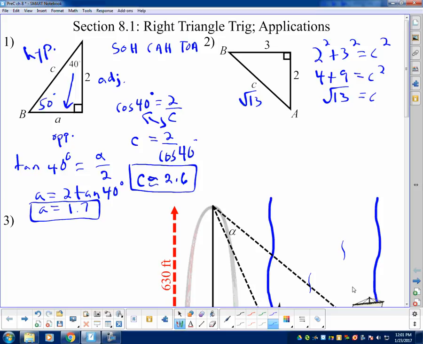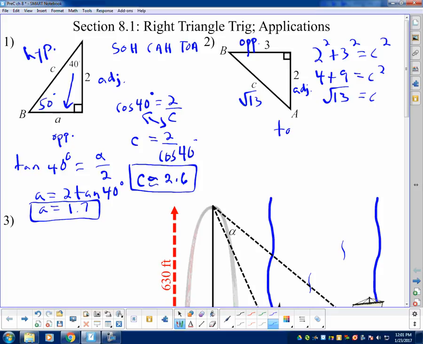And then what we have to use to find angles A and B, at least one of those angles, is inverse trig. Okay, inverse trig will help us to find A and B. So I could choose either angle A or B. I'm going to start with angle A. And then I'm going to write a ratio using either sine, cosine, or tangent that involves the 3, which is the opposite side, and the 2, which is the adjacent side from angle A. So the one that involves opposite and adjacent is the tangent ratio.